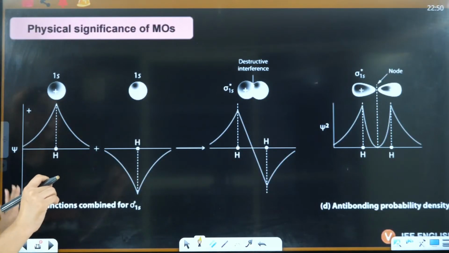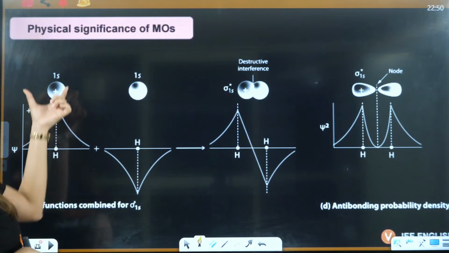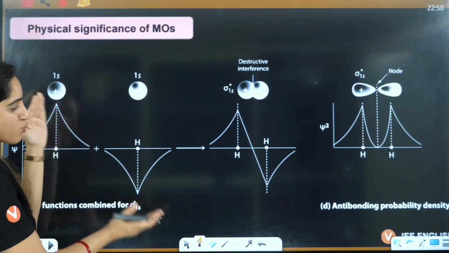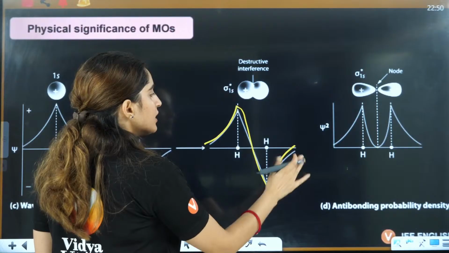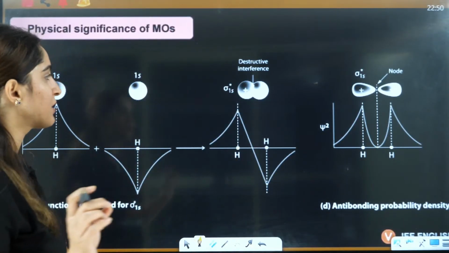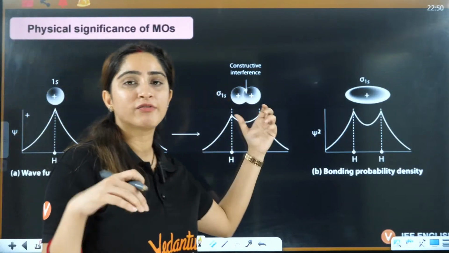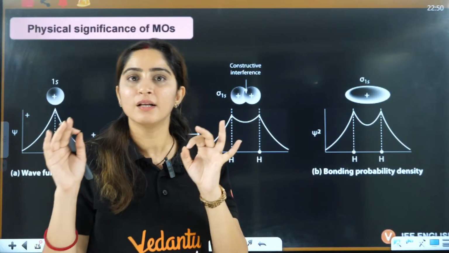Let's talk about when you have destructive interference. So this is 1s plus, this is 1s minus. So when these two are combined, it will form sigma star, this is your anti-bonding, right? So when plus and plus are combined, that is constructive, that leads to the formation of bonding molecular orbital, right?